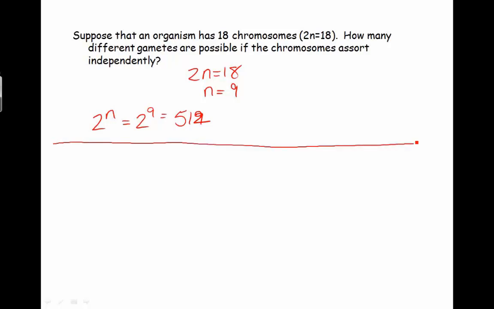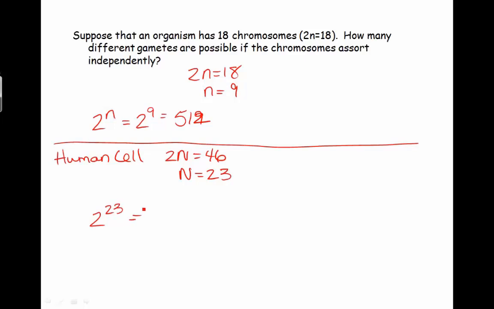If we think about this with human cells, basically we've got diploid cells that have 46 chromosomes. This means that our haploid number is actually 23, so n equals 23. If you look at the number of possible combinations for a human cell, you're going to take 2 raised to that 23rd power.